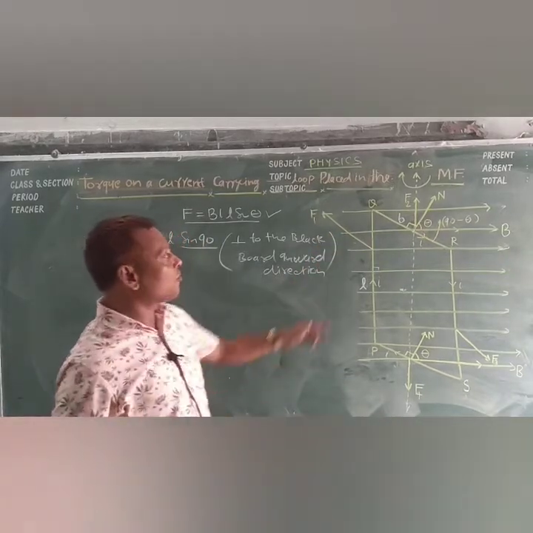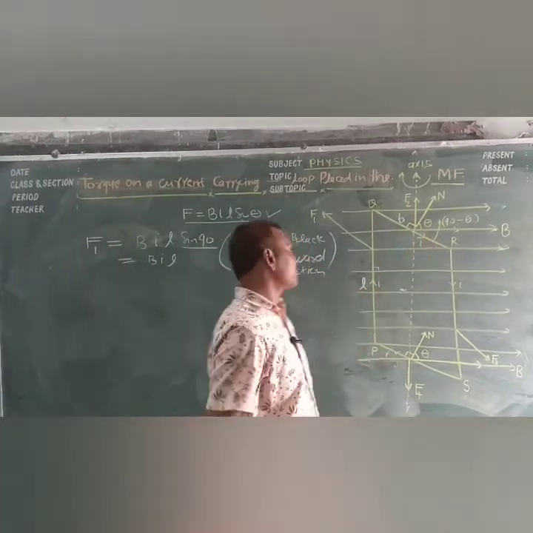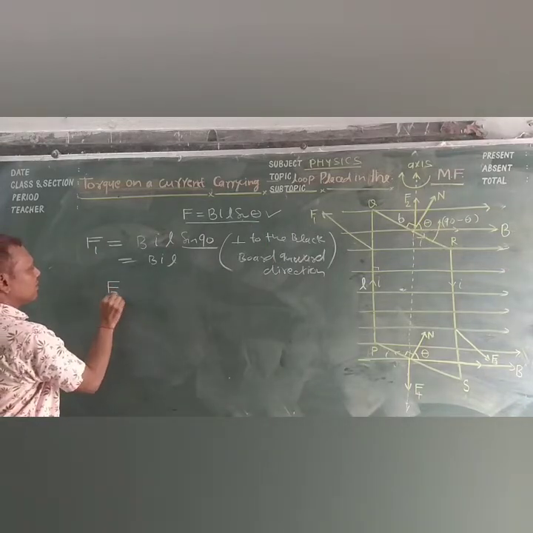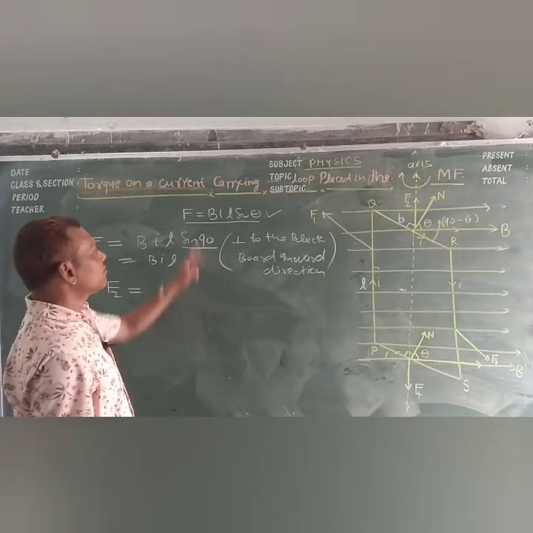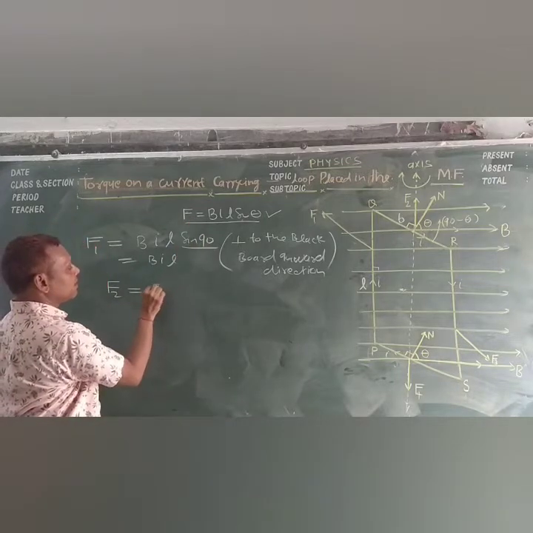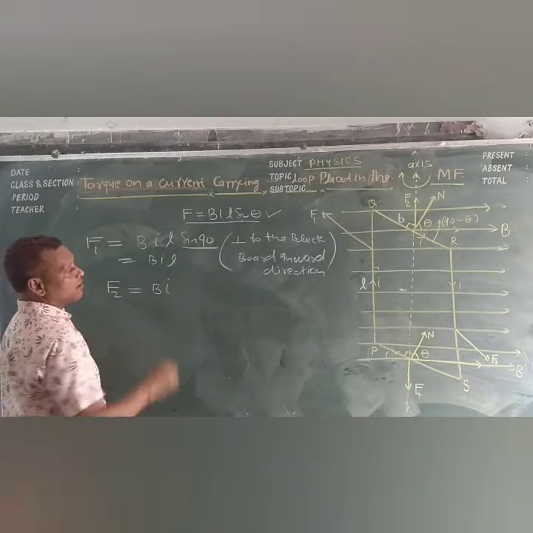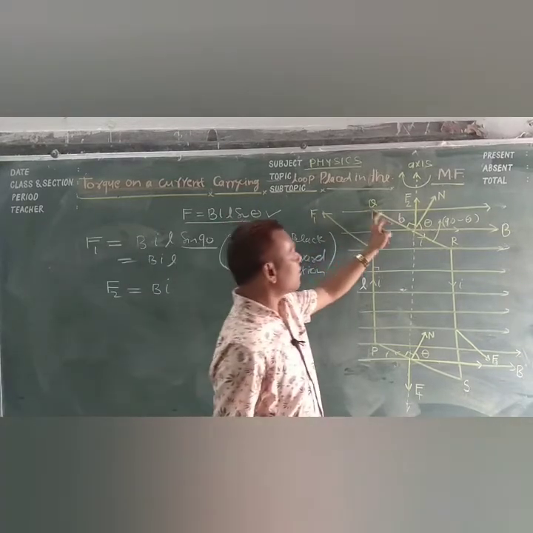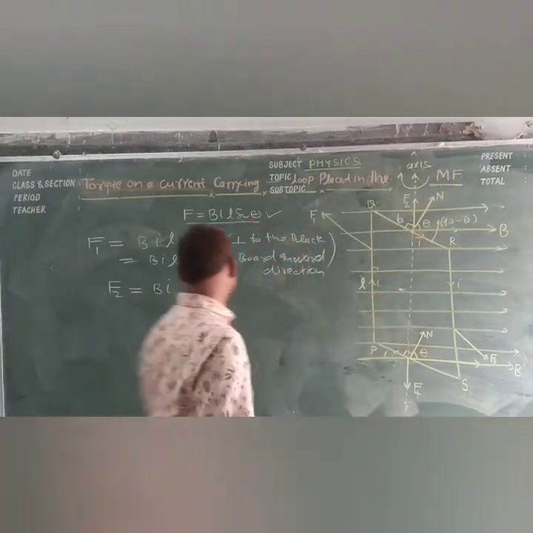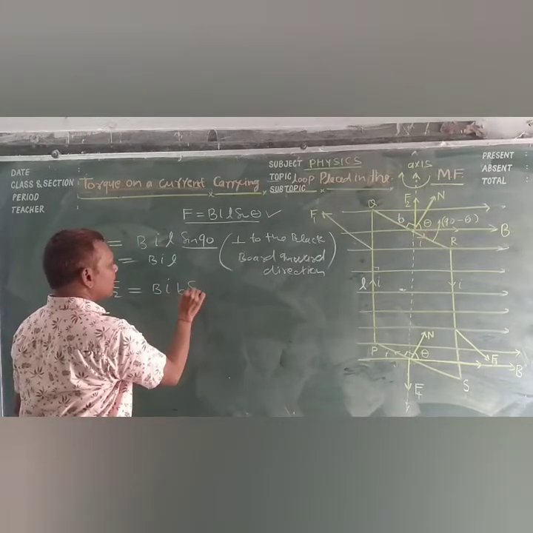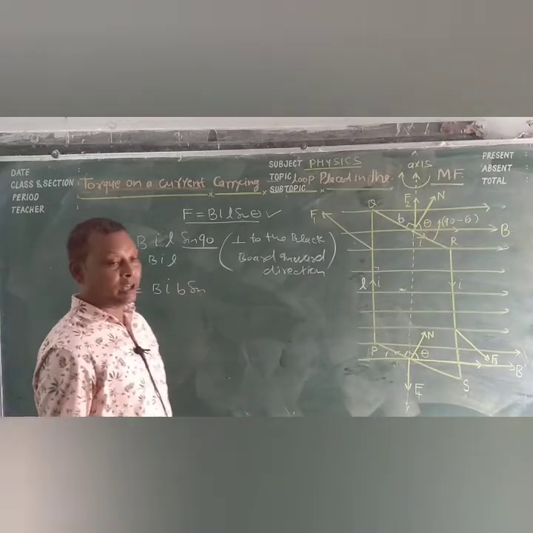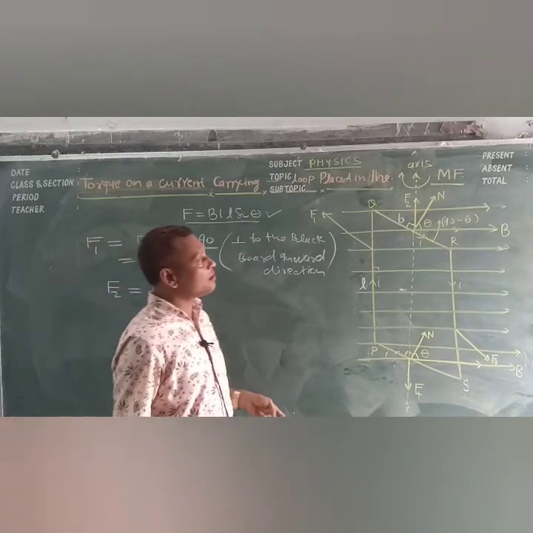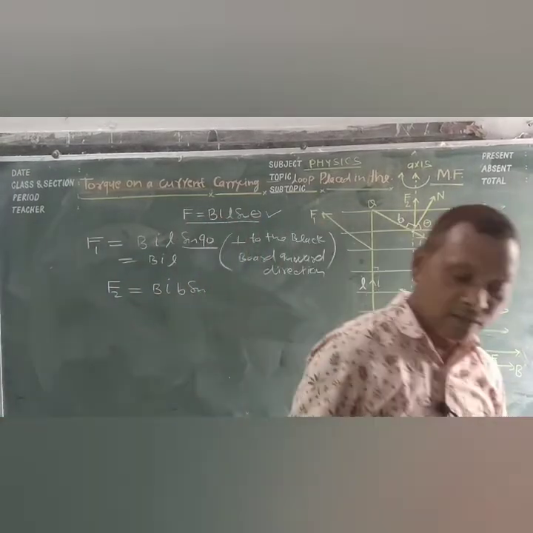Similarly, force on arm QR, F2, is given by the same formula, B magnetic field, I current, and the length of wire QR is b. So F2 is BIb sin theta, where theta is the angle between current and magnetic field.